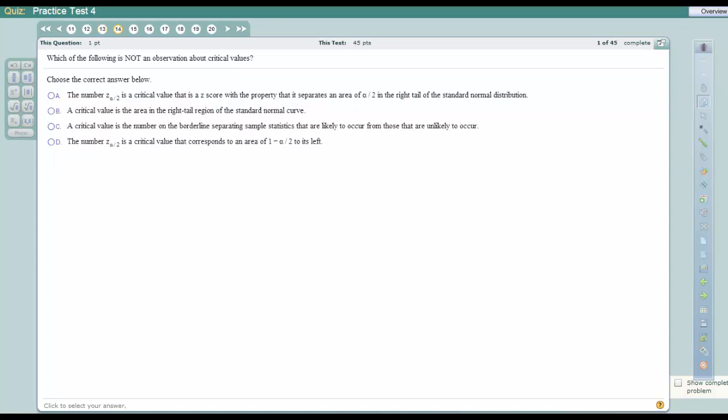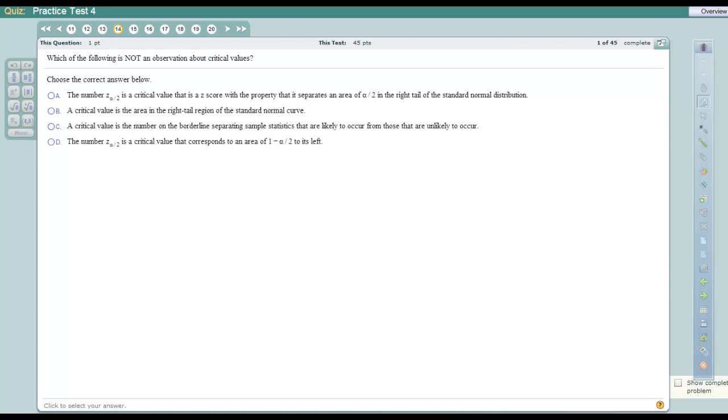All right. The correct answer below, the number Z alpha over 2, or it says which of the following is not an observation about critical values. The number Z alpha over 2 is a critical value that is a Z score with the property that it separates an area of alpha over 2 in the right tail of the standard normal distribution. Is that right? We just said it's in the left, right? So A is not right.